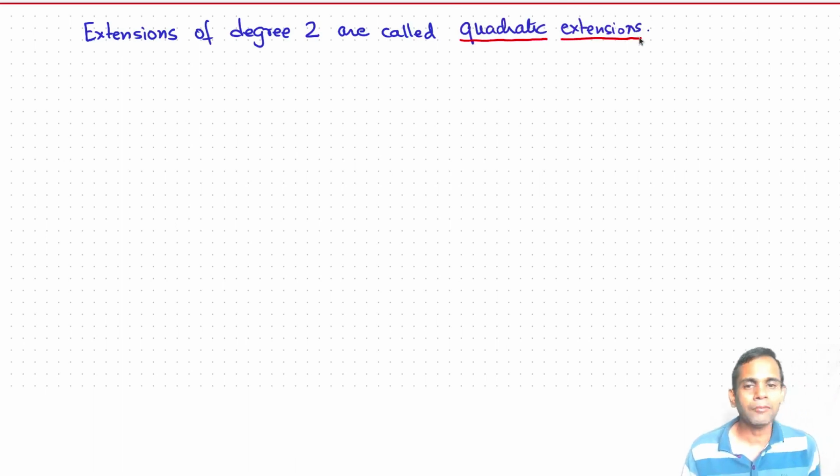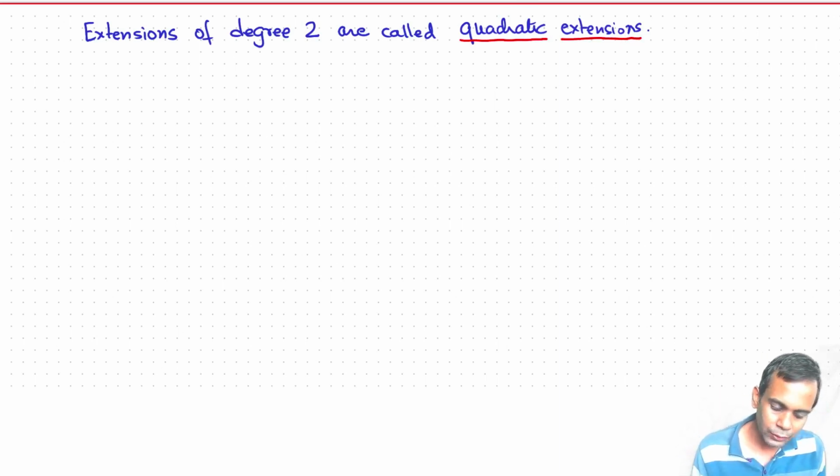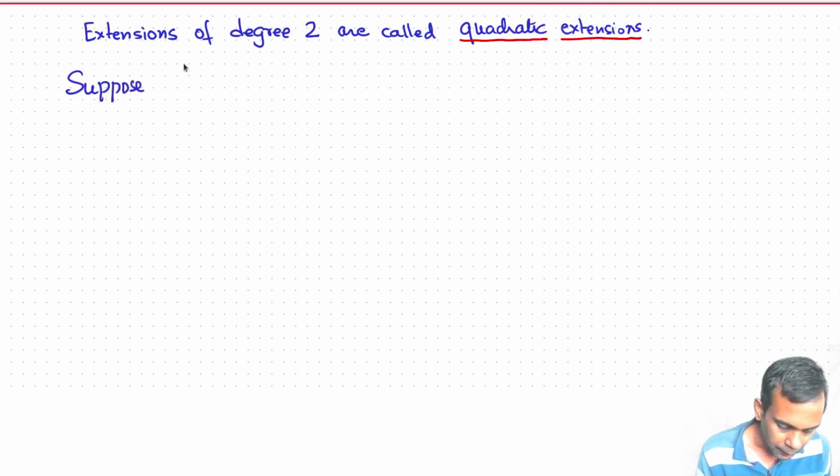That's because they come from quadratic polynomials. It's very easy to describe quadratic extensions, exactly what they are. So now suppose K over F is a quadratic extension.